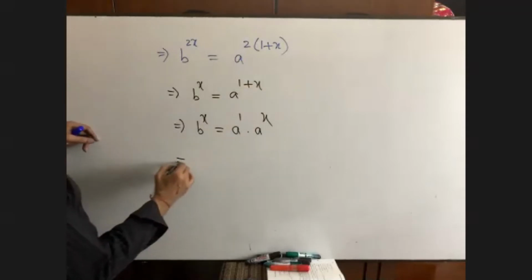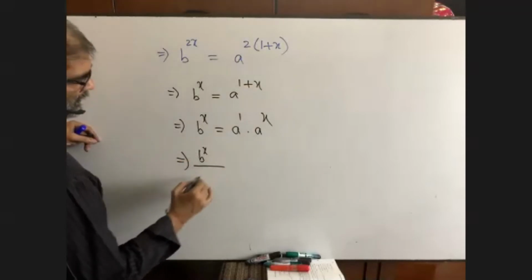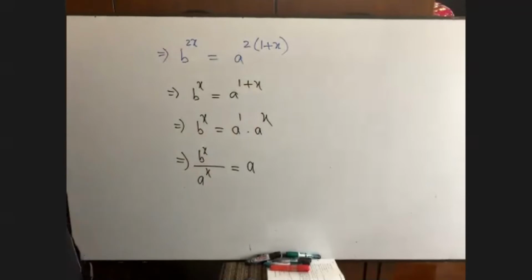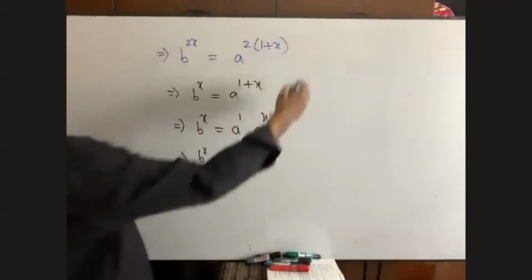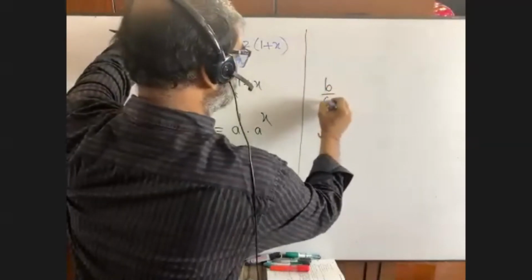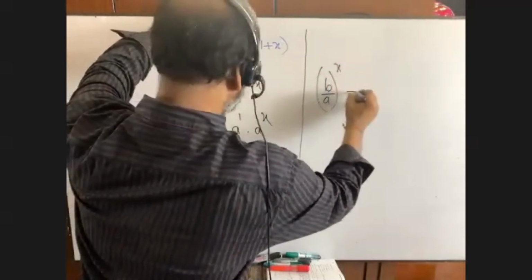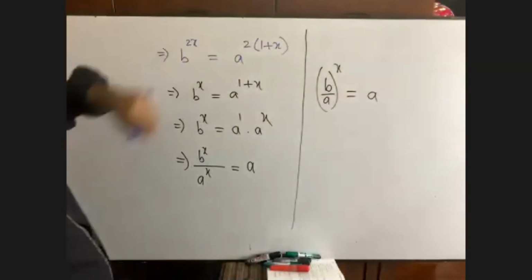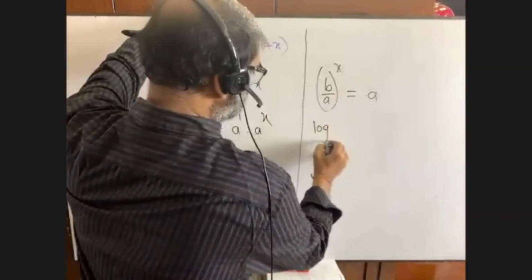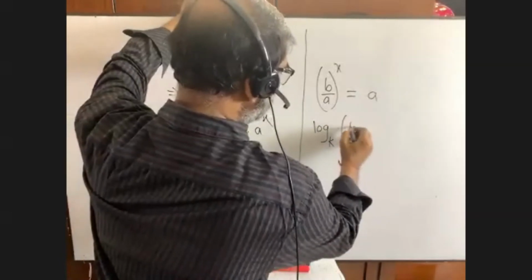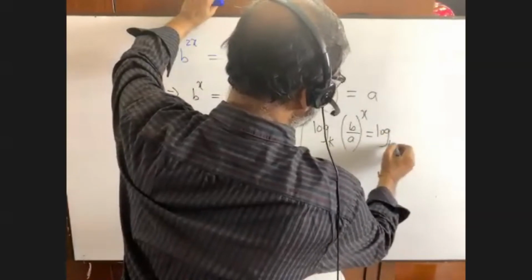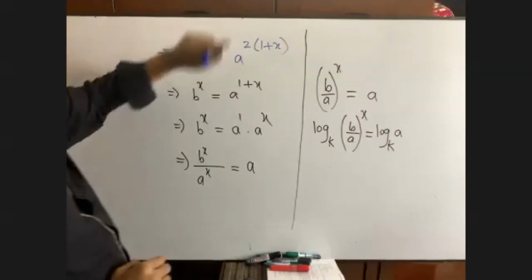That means B to the power x by A to the power x is equal to only A. That means we can write down B by A whole to the power x is equal to A. That means according to the proof, taking log k to both the sides. What I have done here, I have taken log k to both the sides.